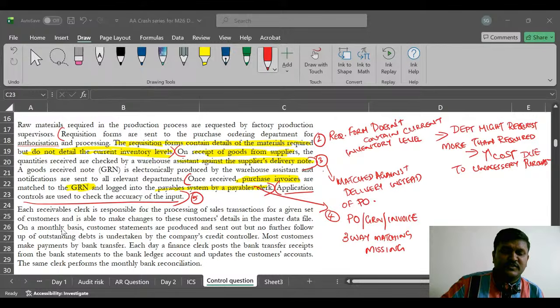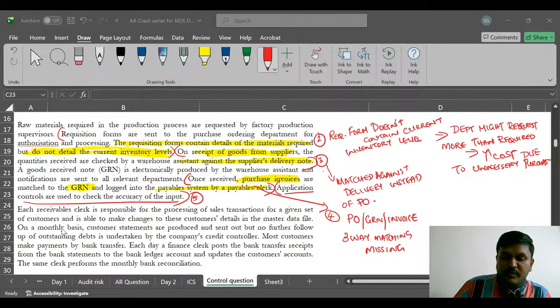There is a possibility that the payable clerk has not entered every invoice into the system. They are only checking whether the amounts entered are accurate. They are not looking at how many invoices. There might be 100 that are not being entered over here. That could be the problem.